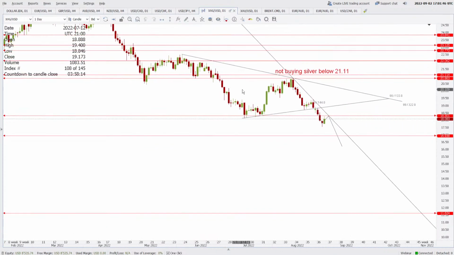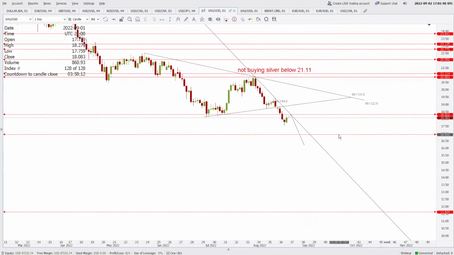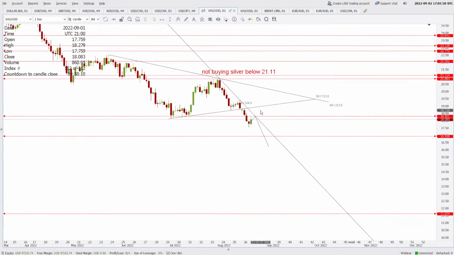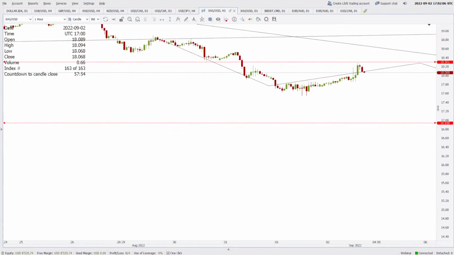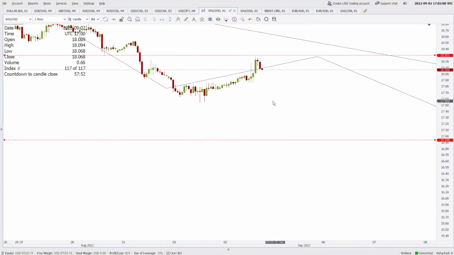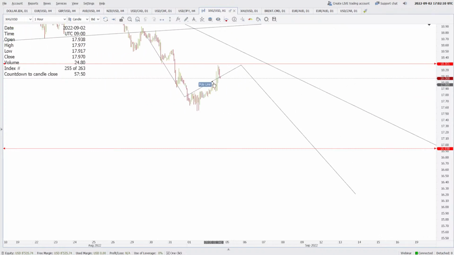Talking about the silver, it was going to the dustbin as per our speculation, but now it has come to 18.07 and has made an intraday high of 18.279. If any of my friends was there yesterday, I told him that if you get a chance and you see the silver going near 18.30, sell it with a small stop loss higher and you can target 16.93.